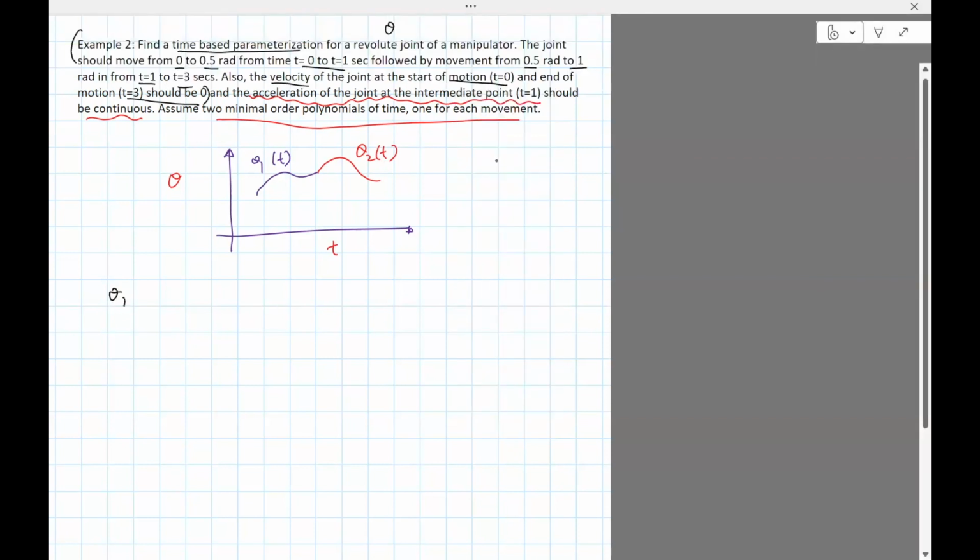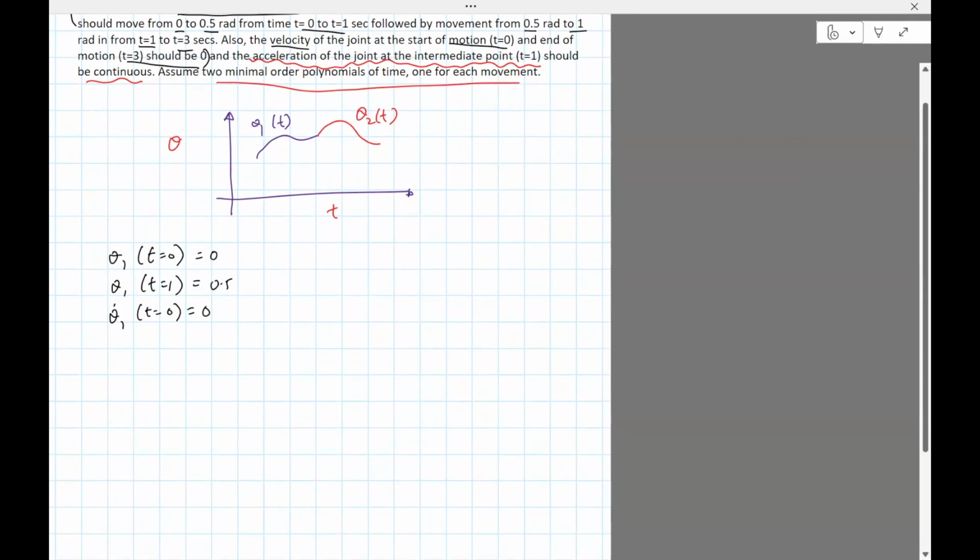Okay, so the condition on theta 1 at t equals 0 is that it should be 0. Theta 1 at t equals 1 should be 0.5. Theta 1 dot at the start should be 0. Conditions on theta 2 are: theta 2 at t equals 1 should be 0.5.